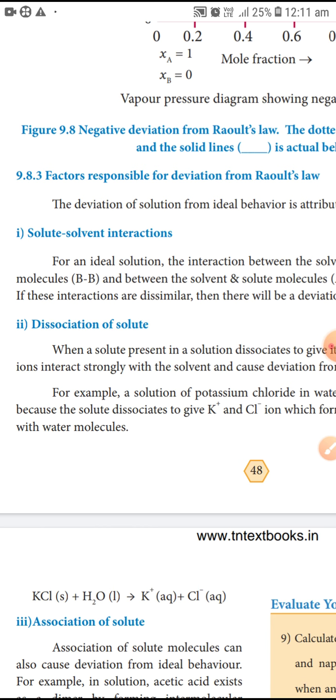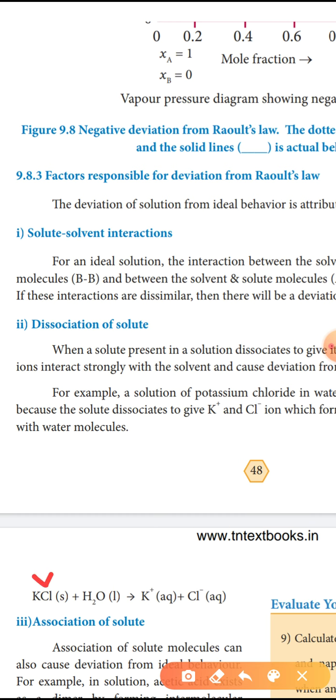For example, potassium chloride in water deviates from ideal behavior because the solute dissociates to give K plus and Cl minus, which form strong ion-dipole interaction with the water molecules.